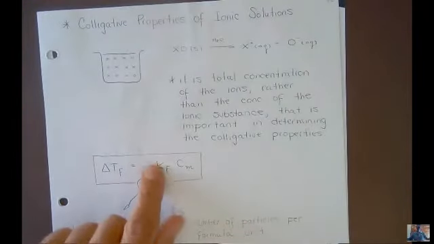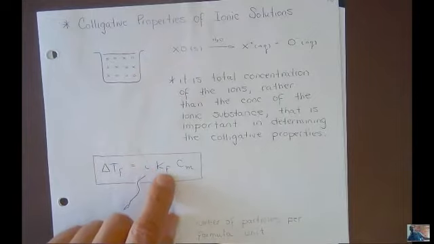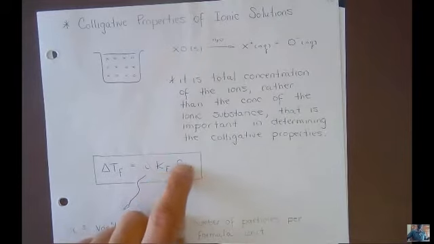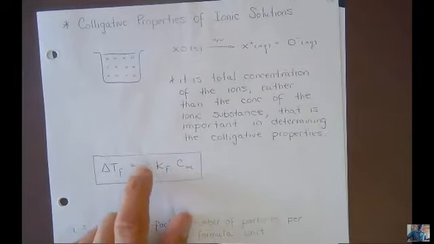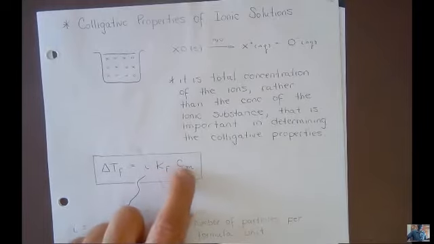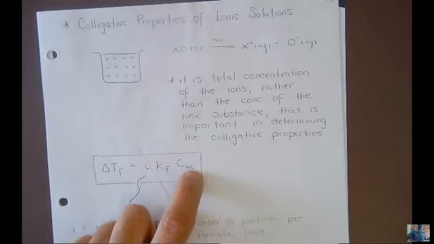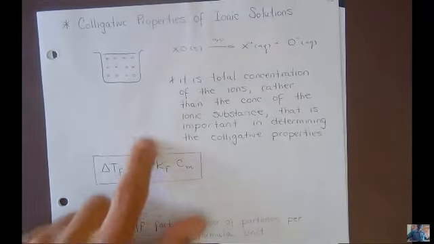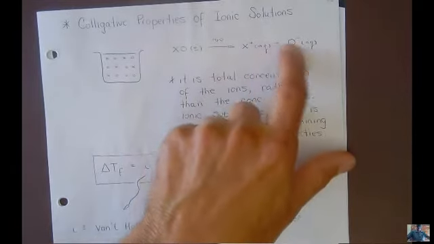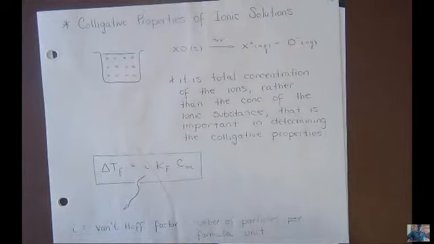So the freezing point depression is going to be the freezing point depression constant for water times the molar concentration of the salt times 3. Because really, i times Cm, the molal concentration of the salt, will give you the molality of all of the ions, because all of these are blocking the ability for the substance to freeze.